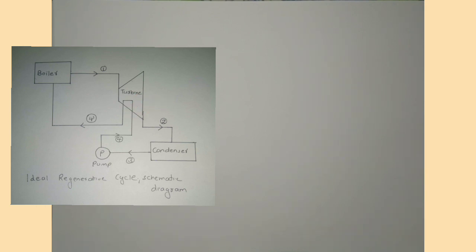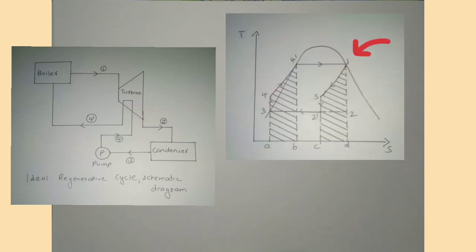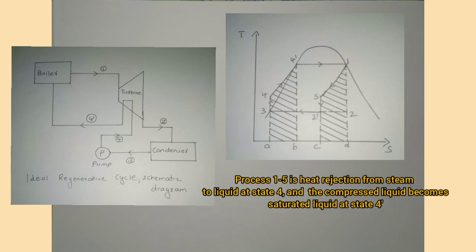Now look at the TS diagram. Dry saturated steam enters the turbine at state 1, and from 1 to 5, the steam in turbine gives heat to the compressed liquid at state 4, and the saturated liquid enters the boiler at state 4'. After giving heat, steam expands from 5 to 2' isentropically.